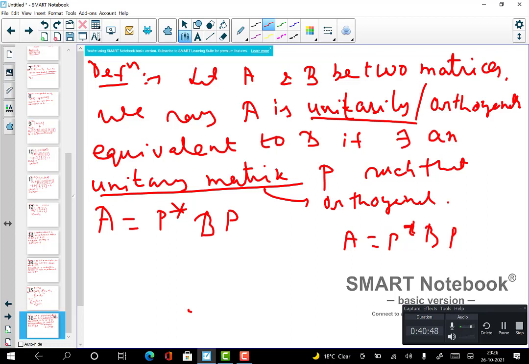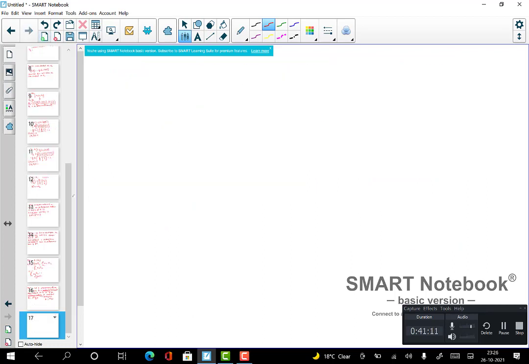If it is unitarily diagonalizable, meaning you can change one matrix to a diagonal matrix unitarily, then only can you say that the matrix A is a normal matrix. I will give a proof here. Let me start with this theorem first.